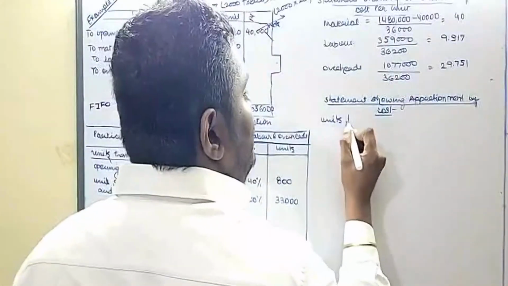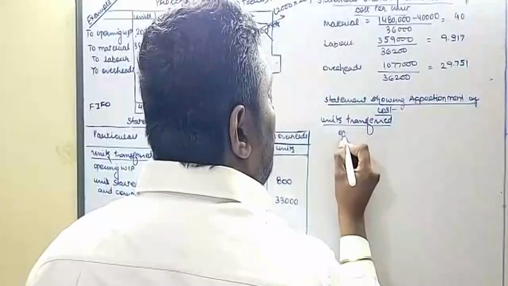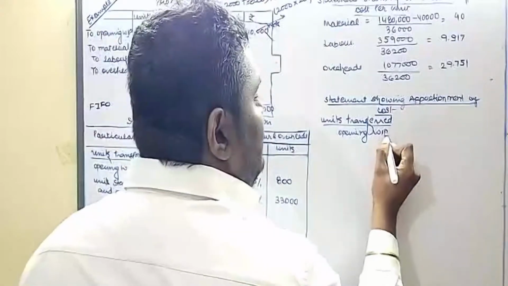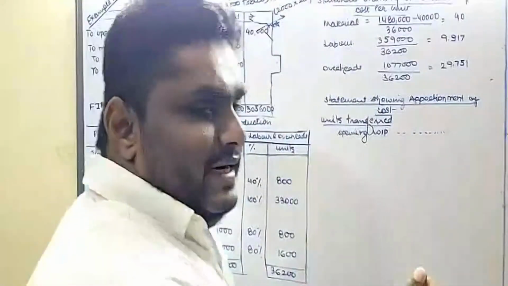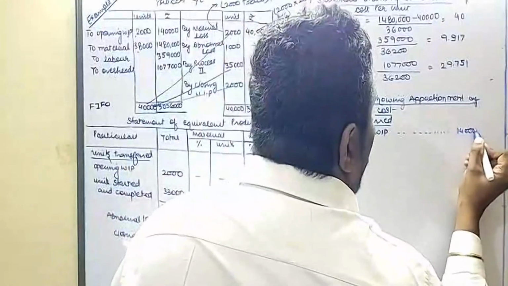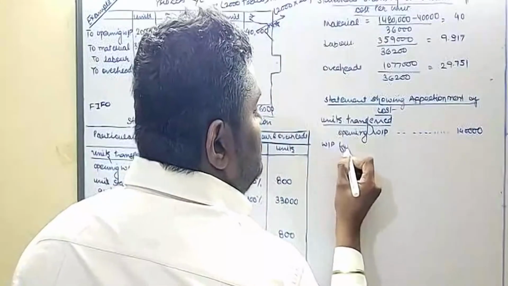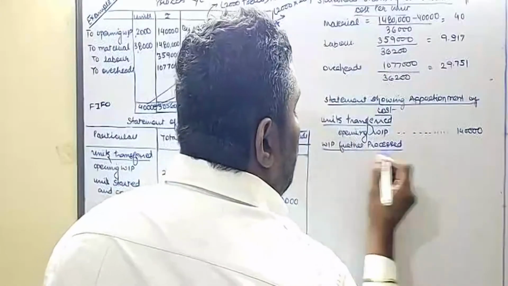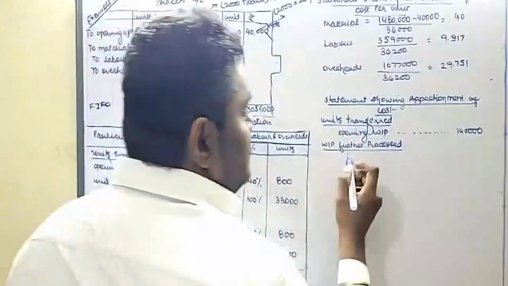So when talking about units transferred, the opening work in progress, the cost that is already incurred, that is given in the question, that is 1,40,000. Work in progress further processed in respect of only labor and overhead, because material work was done last year itself.